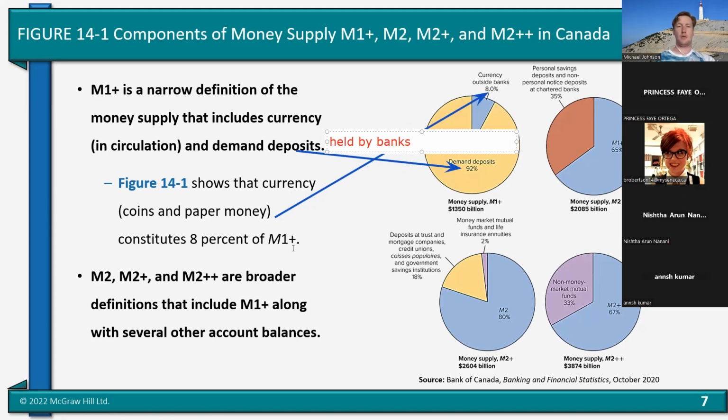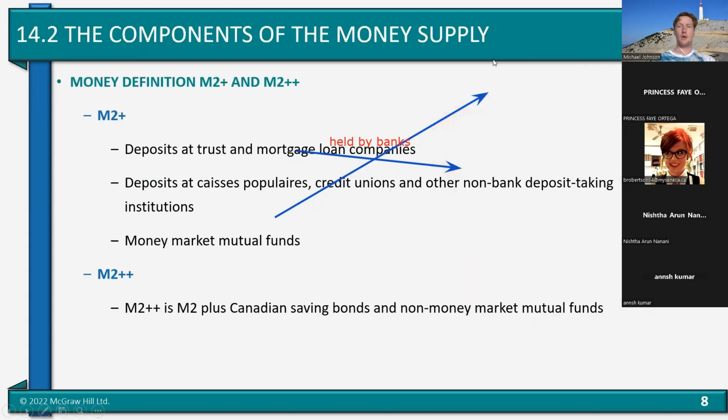And then M2, M2 plus, and M2 plus plus are broader definitions that include M1 plus along with several other account balances. So money definition M2 plus and M2 plus plus.